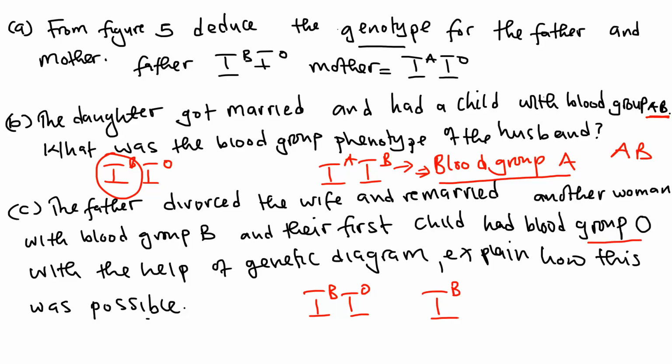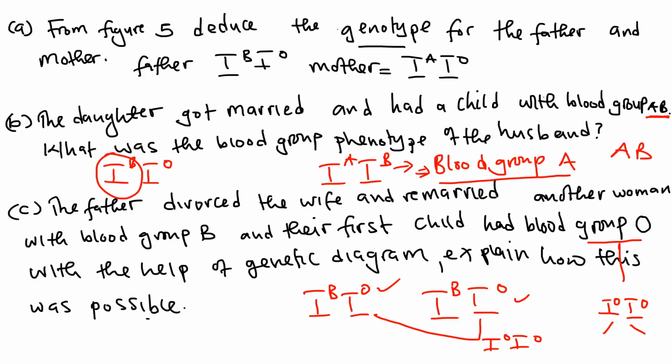The child had blood group O. If the child had blood group O, one allele from the father, one from the mother, which means the mother also contributed the allele which is O. That can be possible if she's heterozygous blood group B. Then she would contribute B or O and have a child who is O. So that is the possible genotype. The genotype of the wife was this, the father of the child was this.